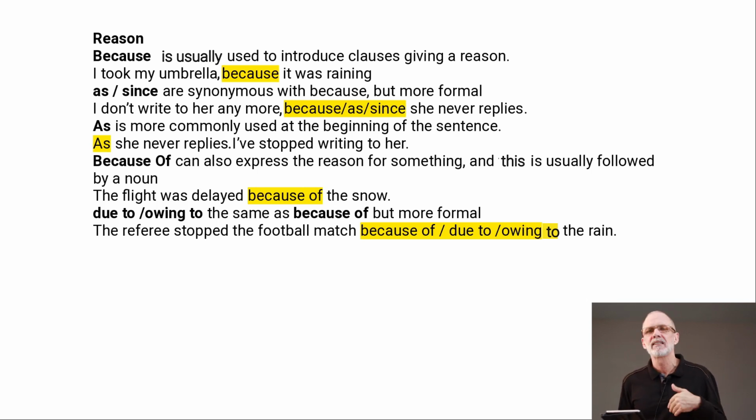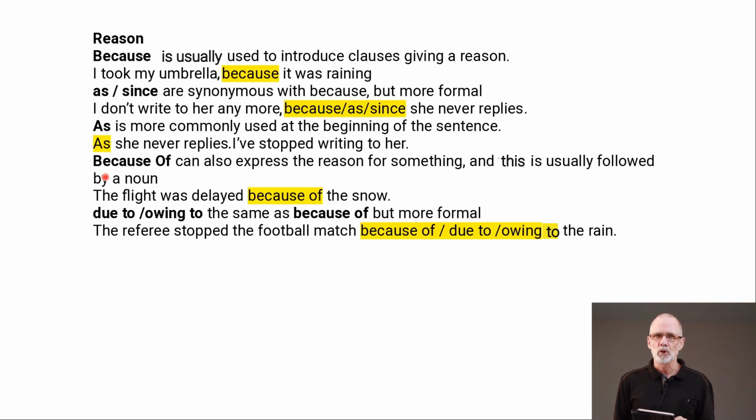As and since are more formal. As is also more commonly used at the beginning of a sentence. So for example, as she never replies, I've stopped writing to her. Means the same thing as the previous example, but I had to reorder the sentences.